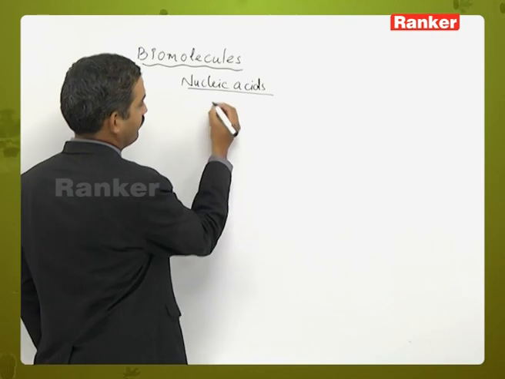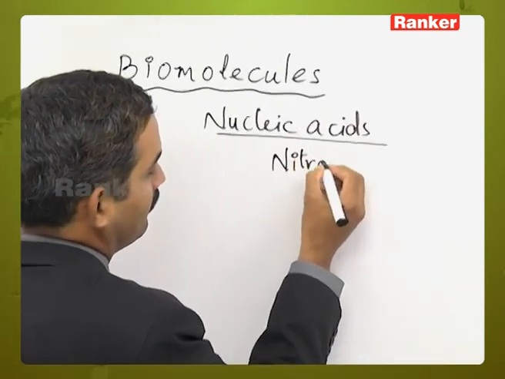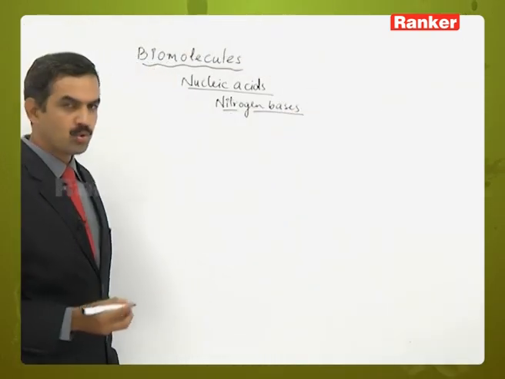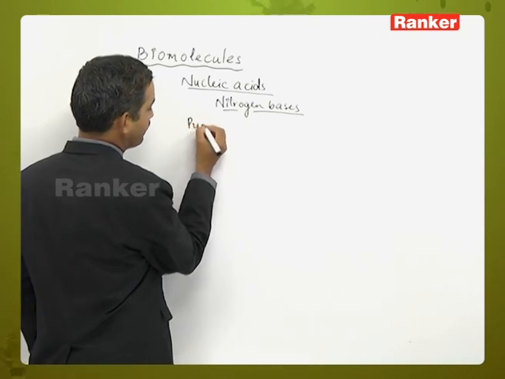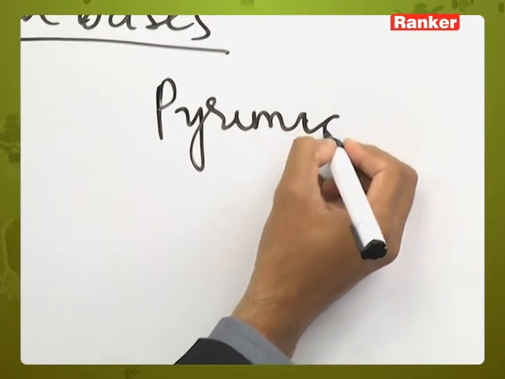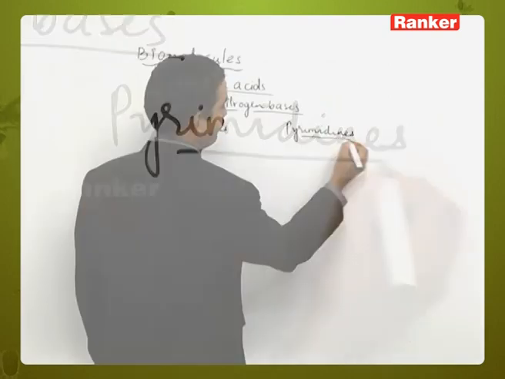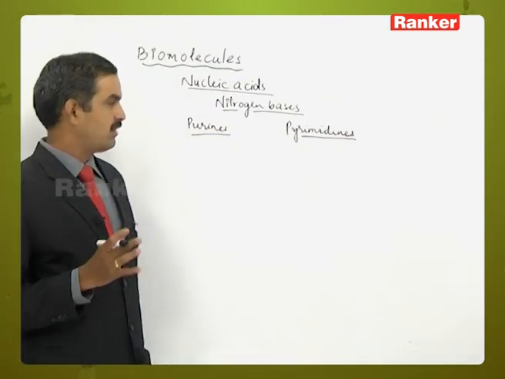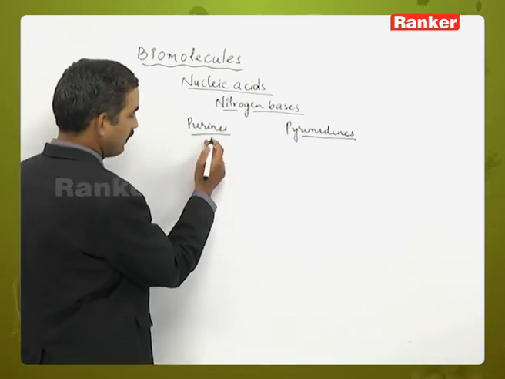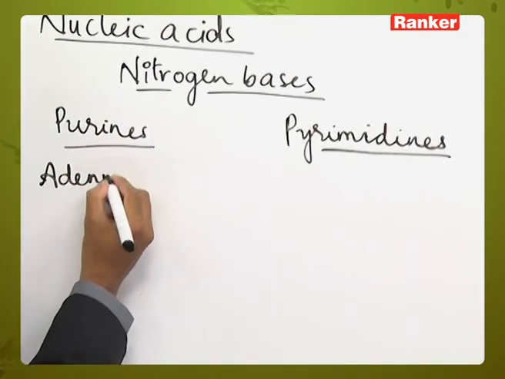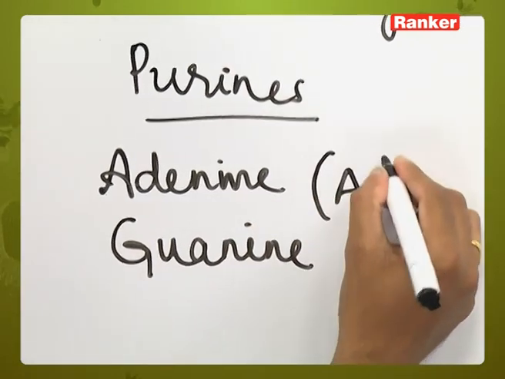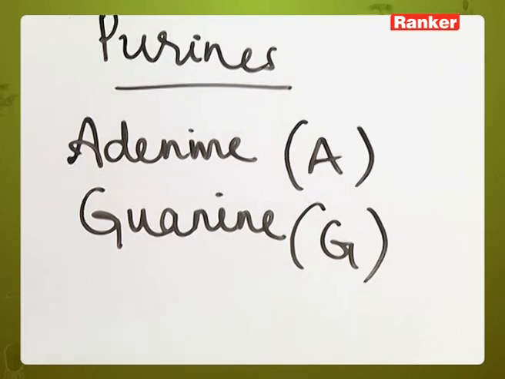Then next are nitrogen bases. Here there are two types of nitrogen bases. Those are purines and pyrimidines. Actually, in the nucleic acids, there are 5 types of nitrogen bases, which are categorized into 2 groups. Purines are adenine and guanine, represented as capital A for adenine and capital G for guanine.